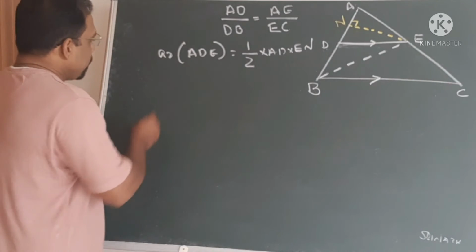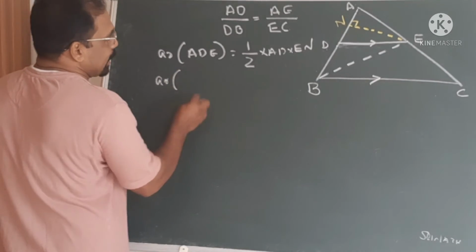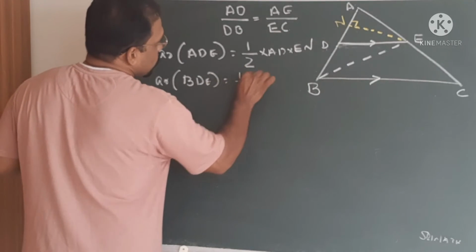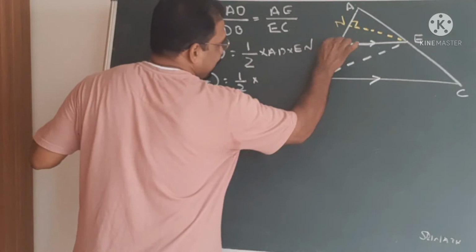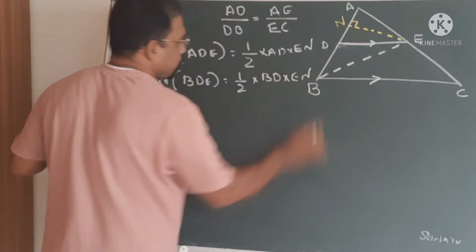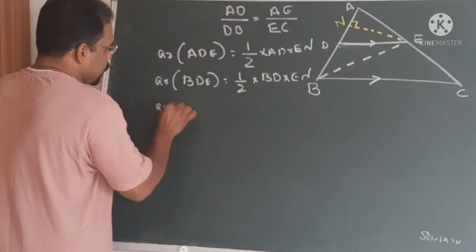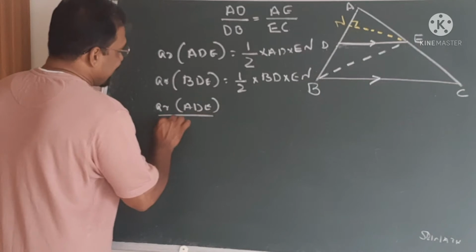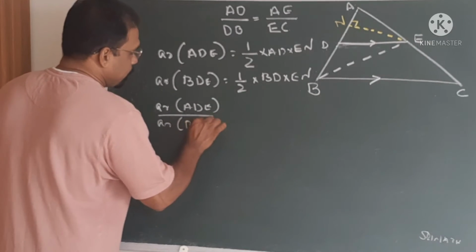So area of triangle BDE is half into the base. Base is BD into EN. Now let us divide area ADE by area BDE.